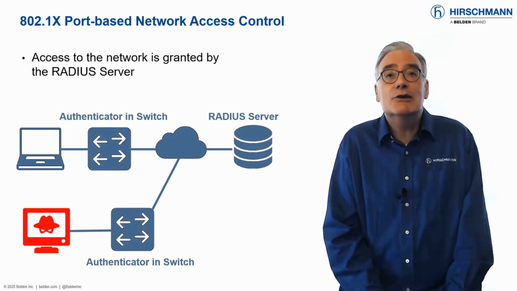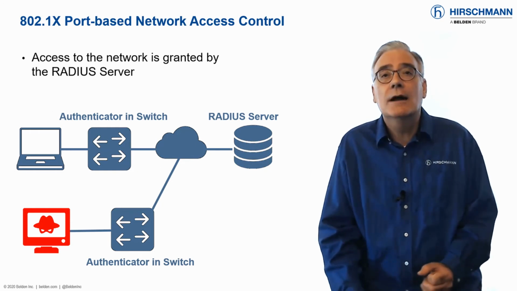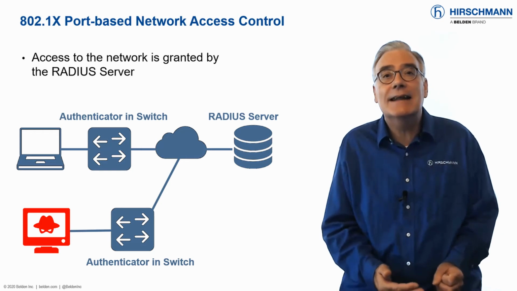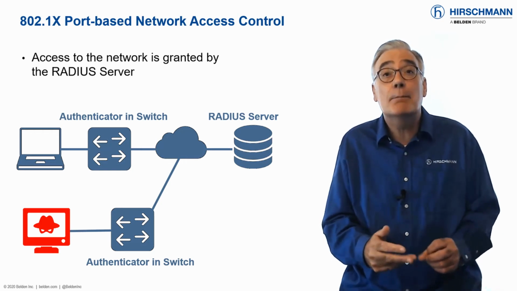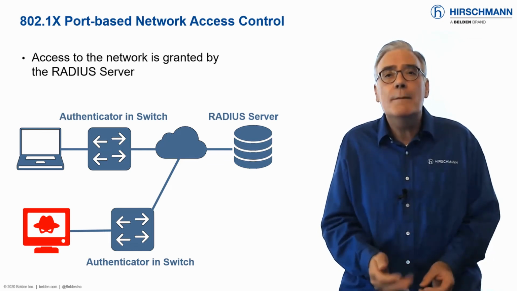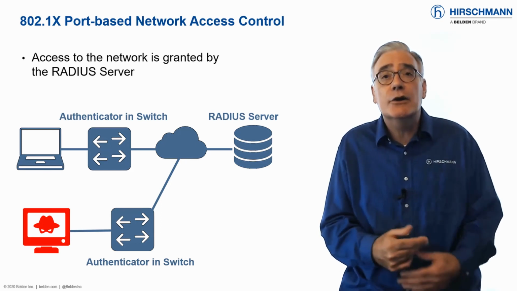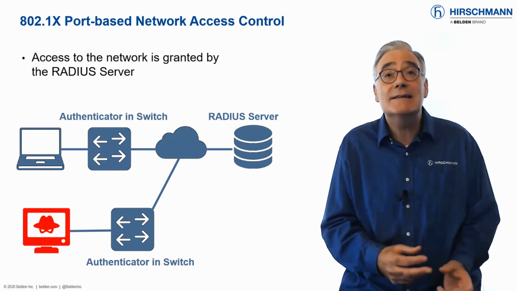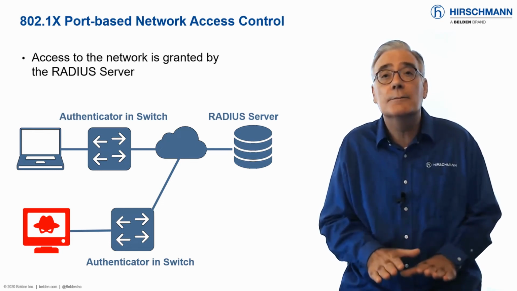Earlier, we looked at using RADIUS authentication to allow a user to connect to a switch. A very similar technique is widely used to allow a device, such as a PC, to access a network. When a PC attempts to connect to a network, the switch uses a protocol called 802.1x to put the client on hold.